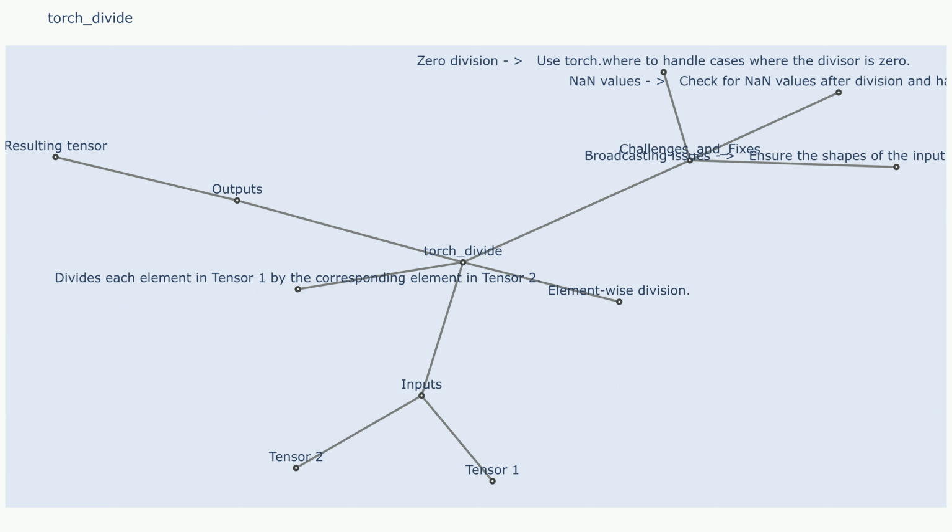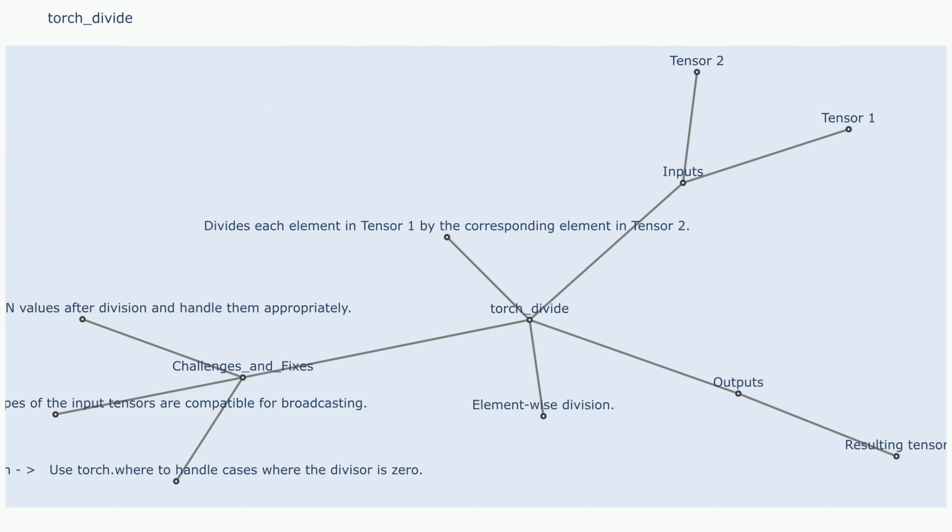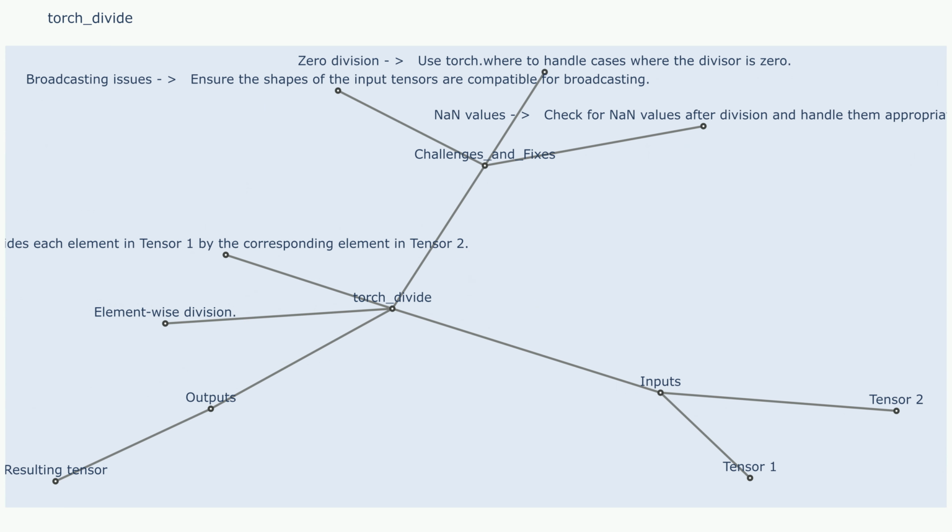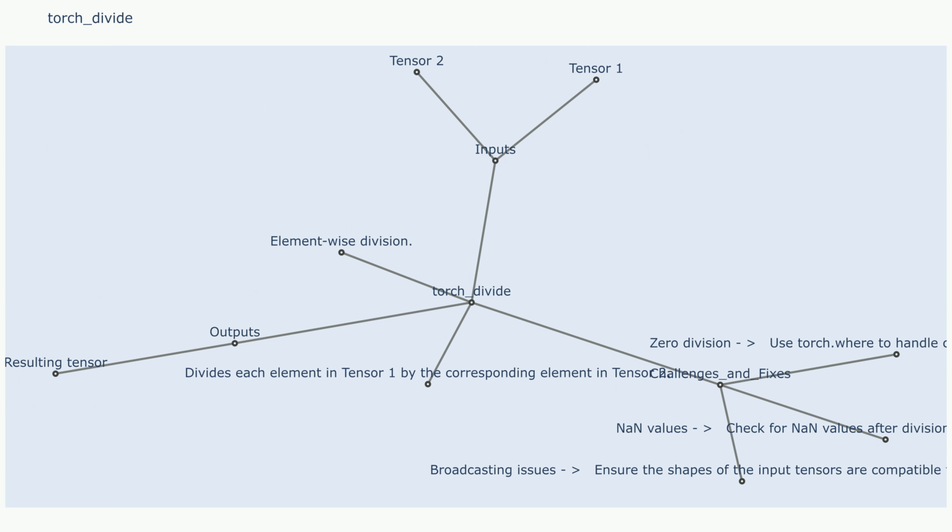Outputs: Output 1, a torch tensor containing the element-wise division results. Steps. Step 1: the function iterates through the elements of the input tensors, performing division on corresponding elements. Step 2: the output tensor is generated with the results of the division operation.